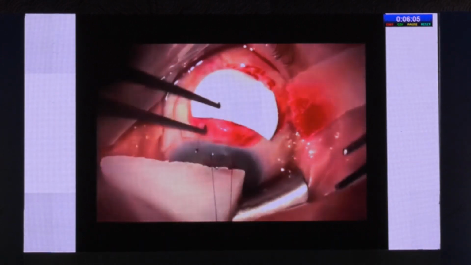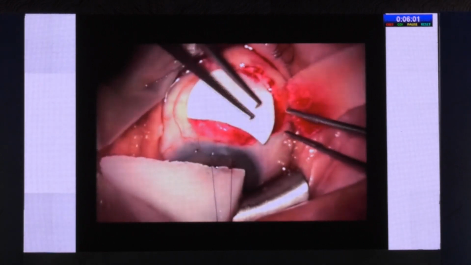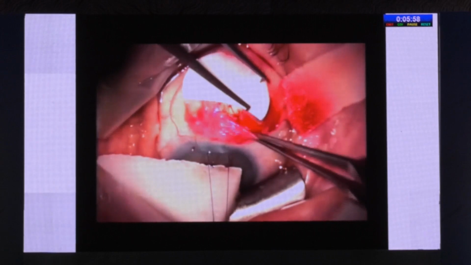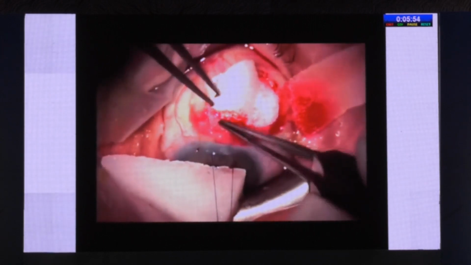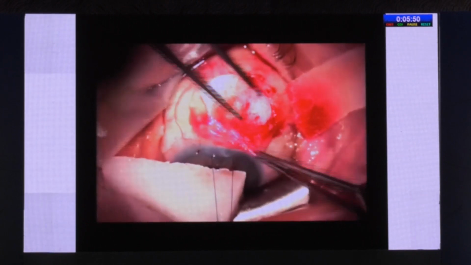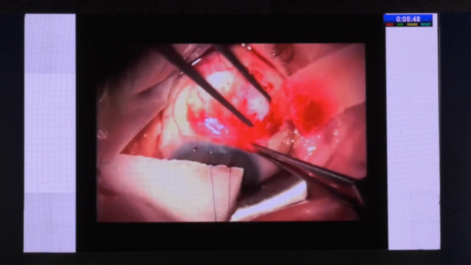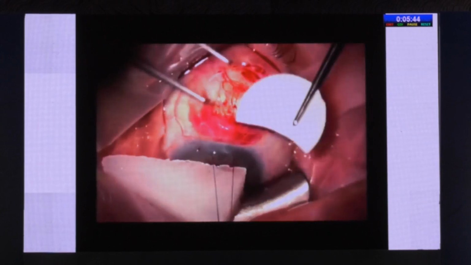In fact, you can divide this Ologen into two halves and implant onto the surface. It also gives equally good results if it is divided into two portions. The important thing is that we don't want any wound leakage in the post-operative period, and we don't want this to rest onto the scleral flap and avoid the aqueous drainage.